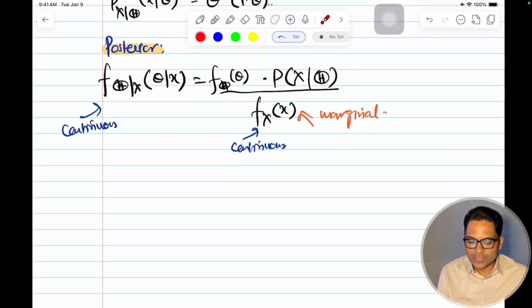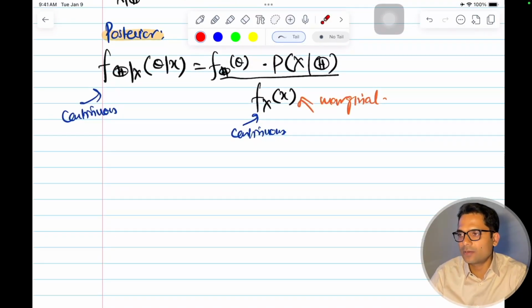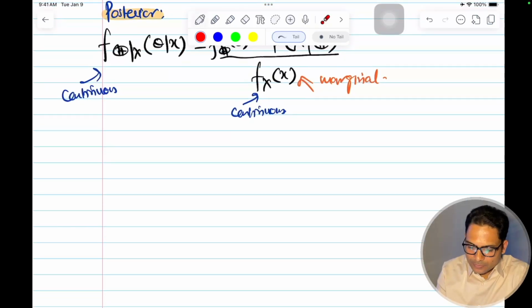Some things we'll use from the past, the conditional and all. We know from the past what the formula for the marginal probability is.